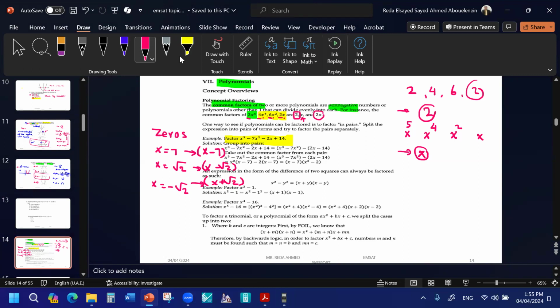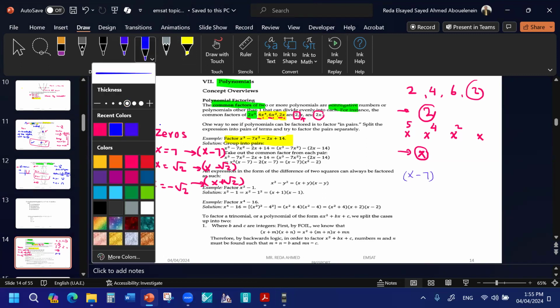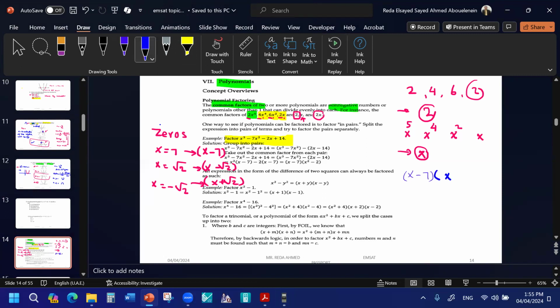So it will be x minus 7 multiplied by x squared minus 2. As I told you, x minus 7 times x squared minus 2 equals 0. These are the factors of the function.